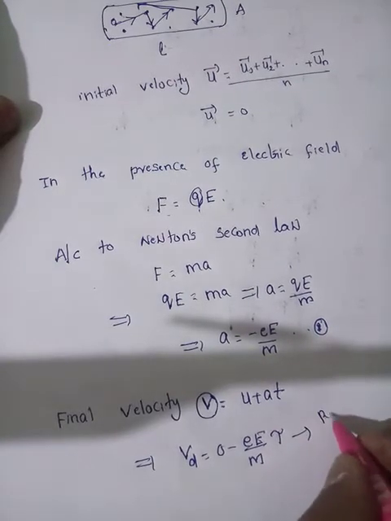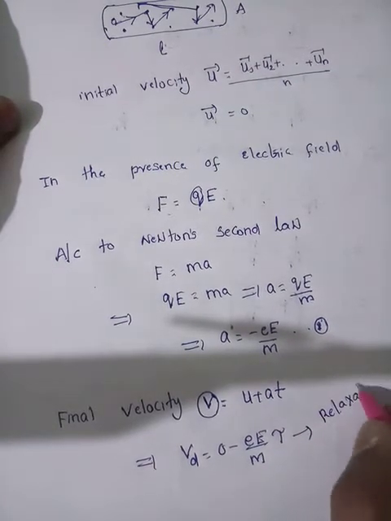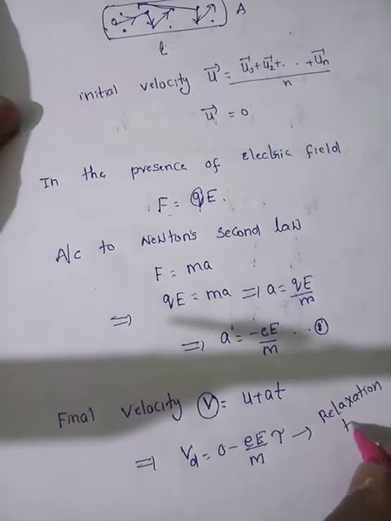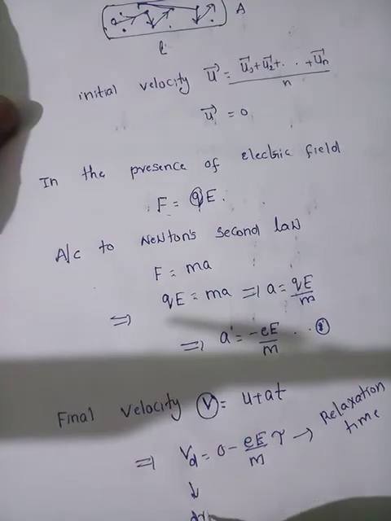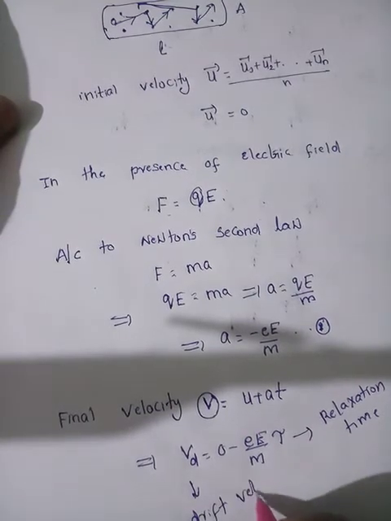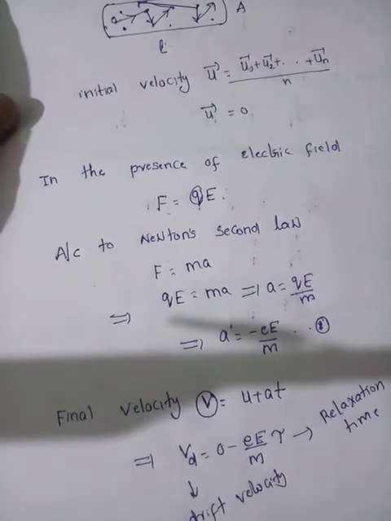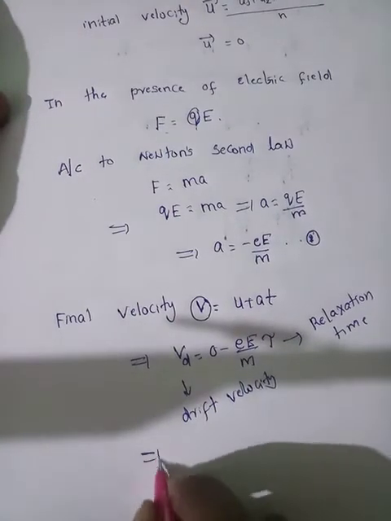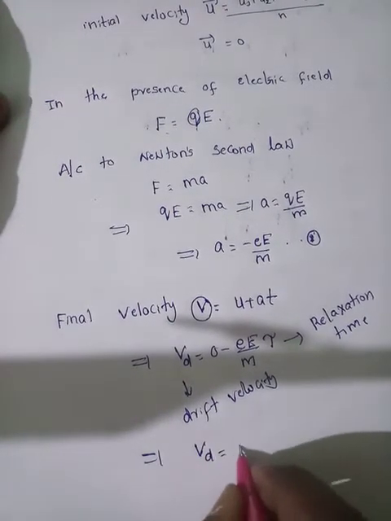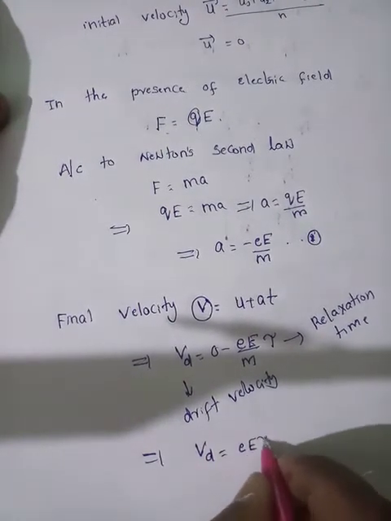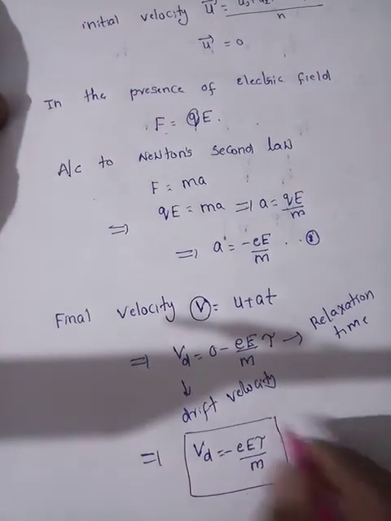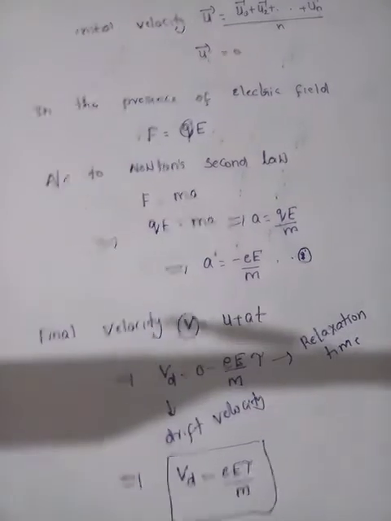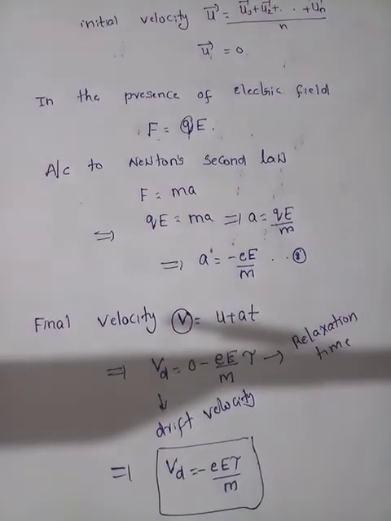Tau we will discuss later. This is called the relaxation time, and this is the drift velocity. So finally, what is drift velocity here? Vd equals eE tau by m, if you take only the magnitude.